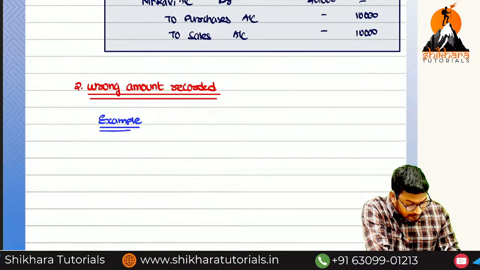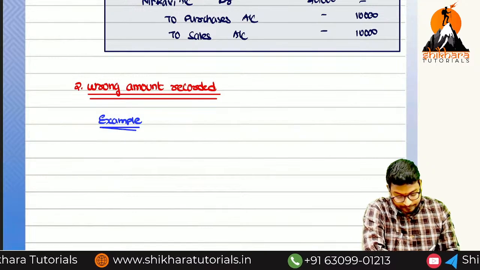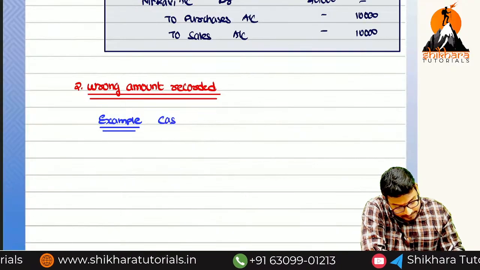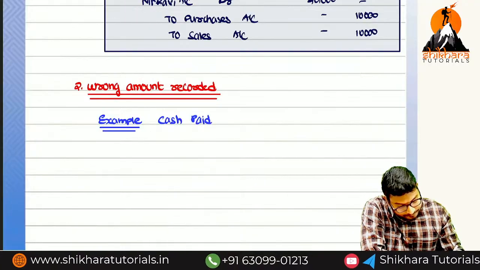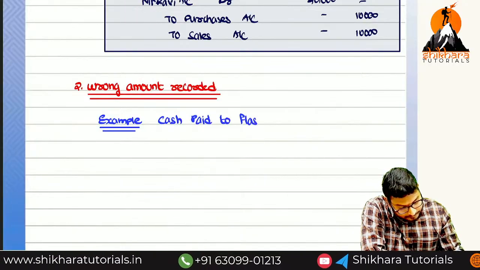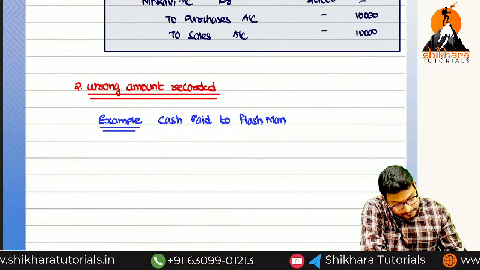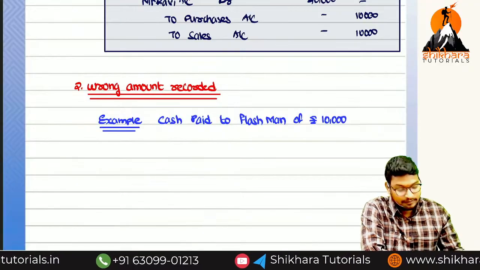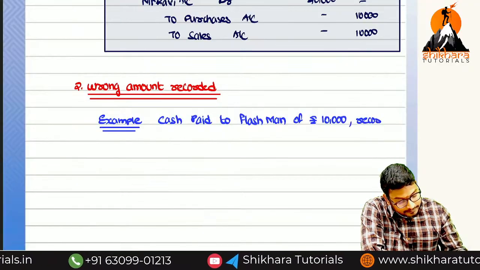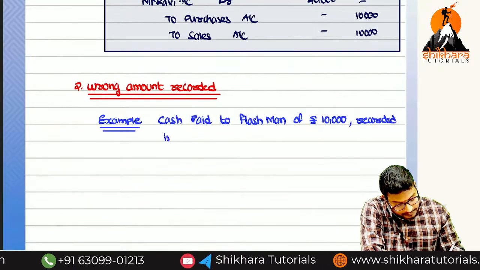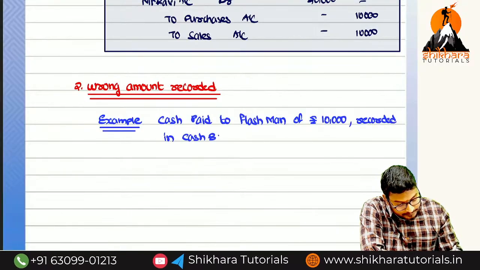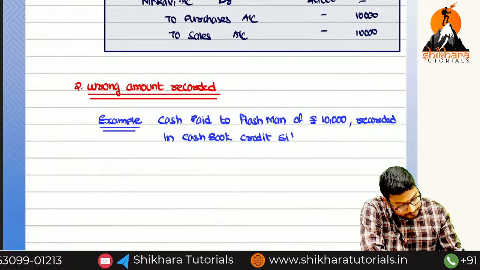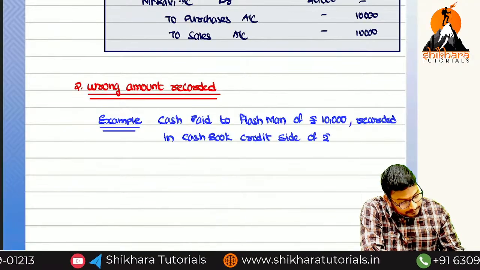Cash paid to, let us take some another name in order to get interesting, cash paid to Flashman of rupees 10,000, recorded in cash book, credit side of rupees 1,000.